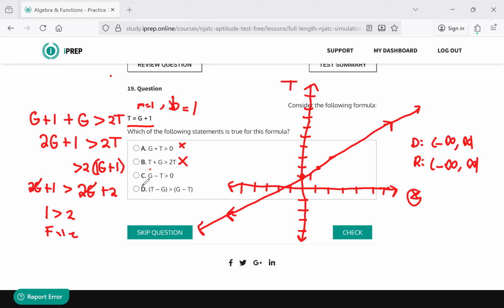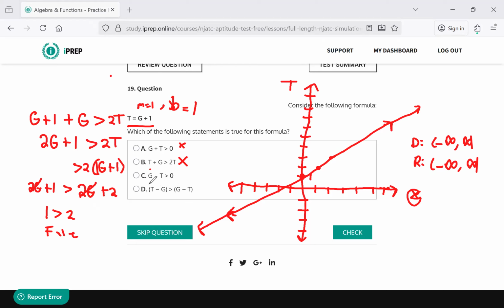What about C? What's g minus t is greater than 0? So, let's see. Is this true?